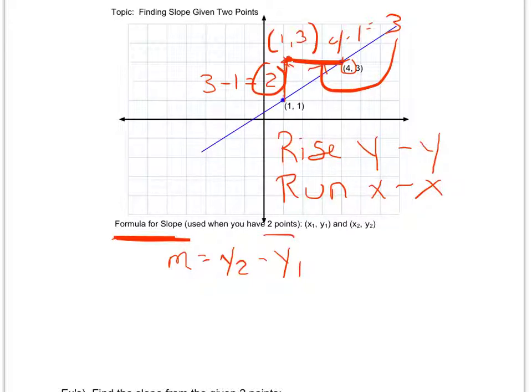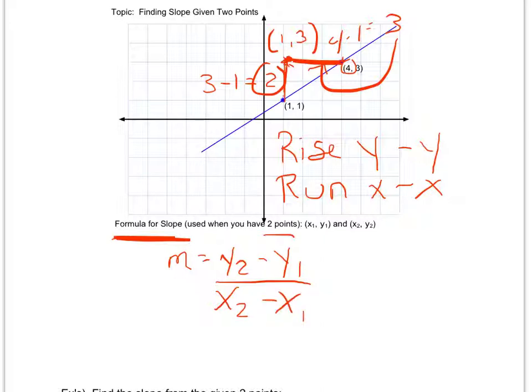Okay, so then what do I do? Well, it's rise over run. How did I find my run? I subtracted my x values. I subtracted my second x value, reading from left to right, minus my first x value, so x2 minus x1. This is the formula we're going to use.